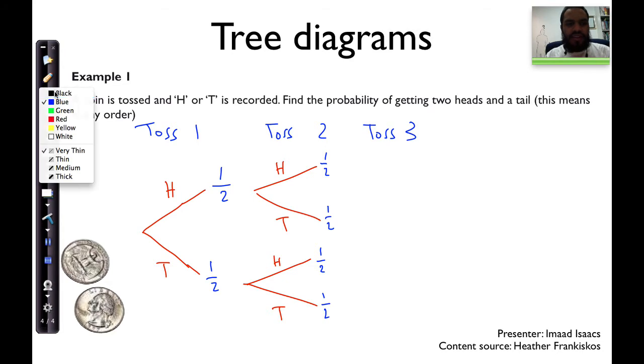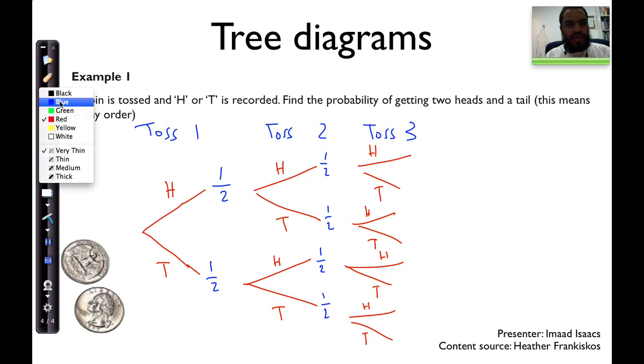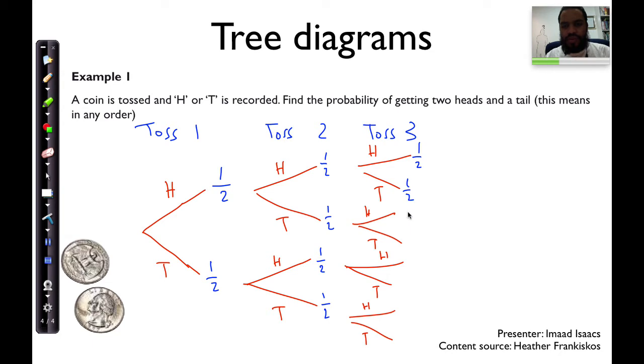And then in the final toss, you could once again follow that up with either getting a head or a tail, a head or a tail, a head or a tail, and a head or a tail. Again the coin hasn't changed, so in this toss I've got 1 out of 2 for each possible occurrence.